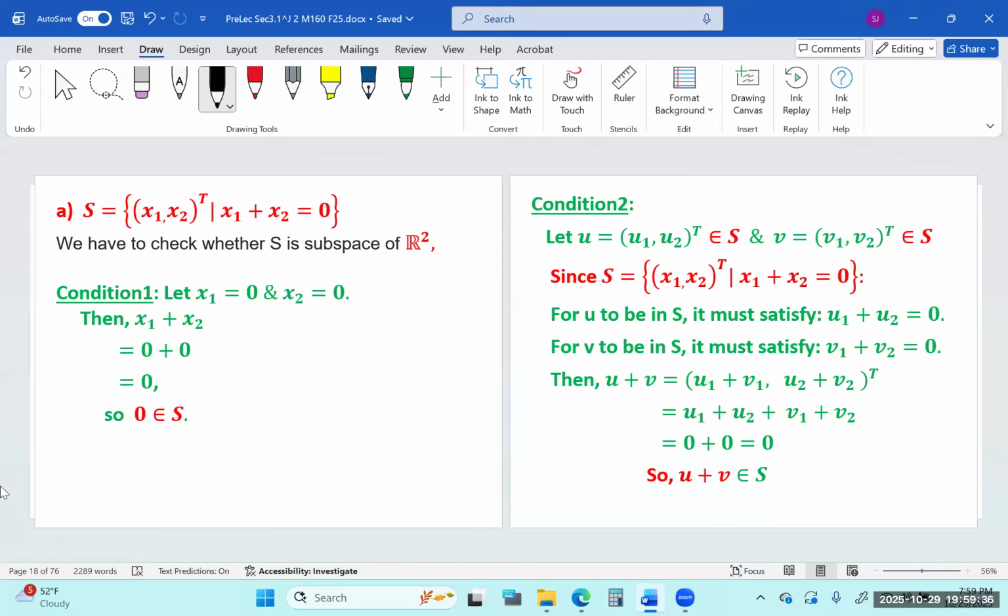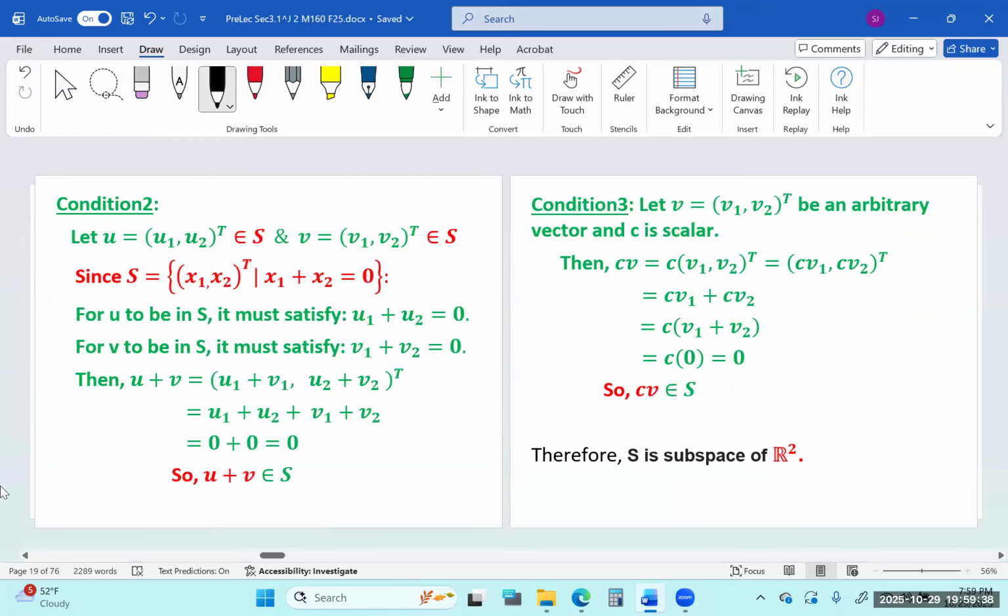Now the last condition is, is it closed under scalar multiplication? So you take a vector v, which has v1, v2, and you multiply by a constant c. So we get cv1 and cv2. These are the two components in the scalar multiplication.